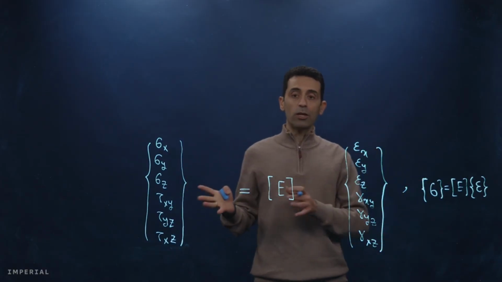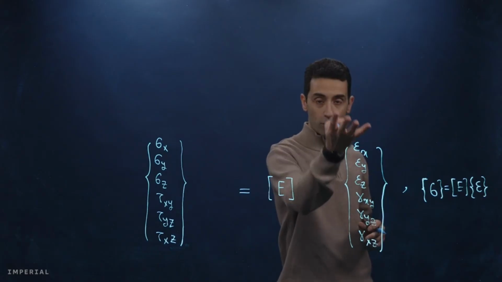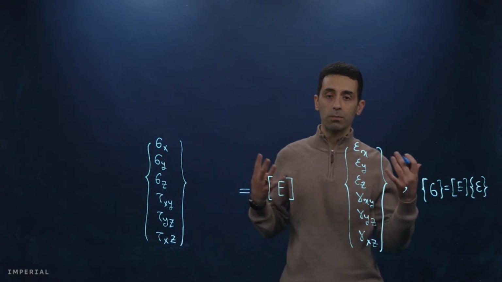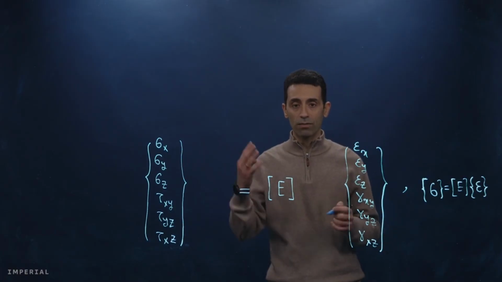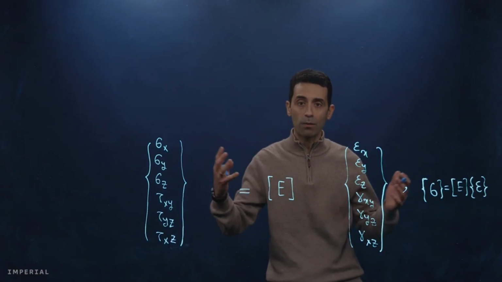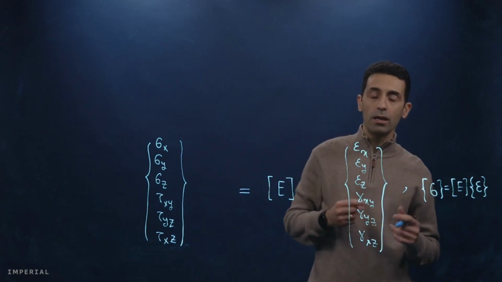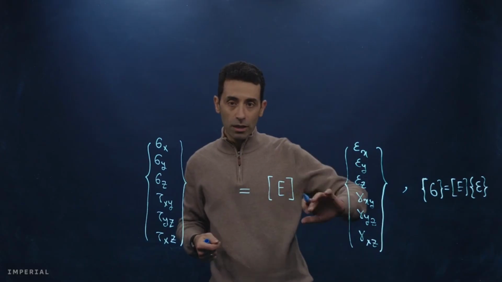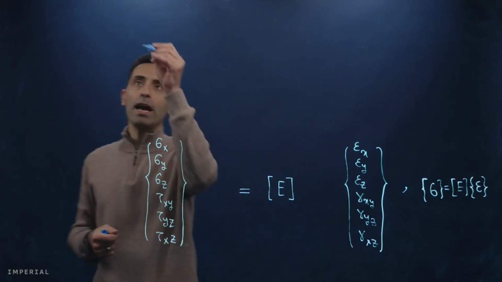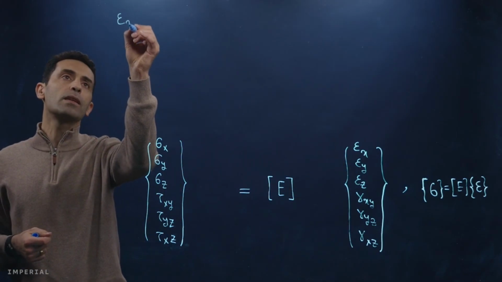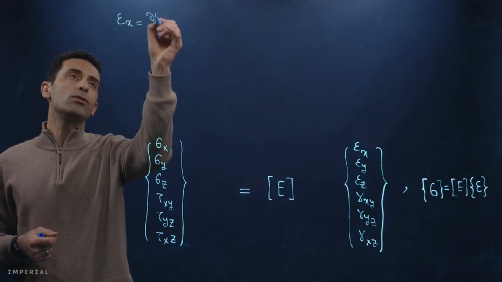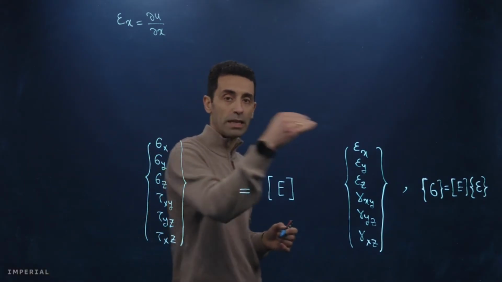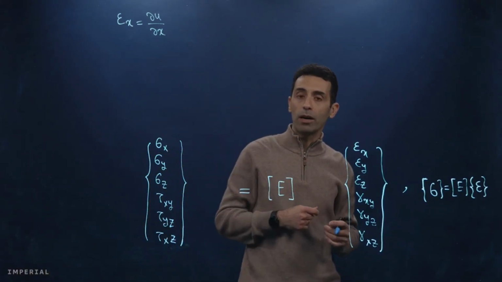But what else we know from solid mechanics is that our strain can be determined by using the displacement field. Displacement field in structural mechanics refers to displacement of every point within our medium in x, y, and z direction, which often we show with u, v, and w. The way they are linked is that epsilon x is du dx, so that's the derivative of displacement in x direction by x.